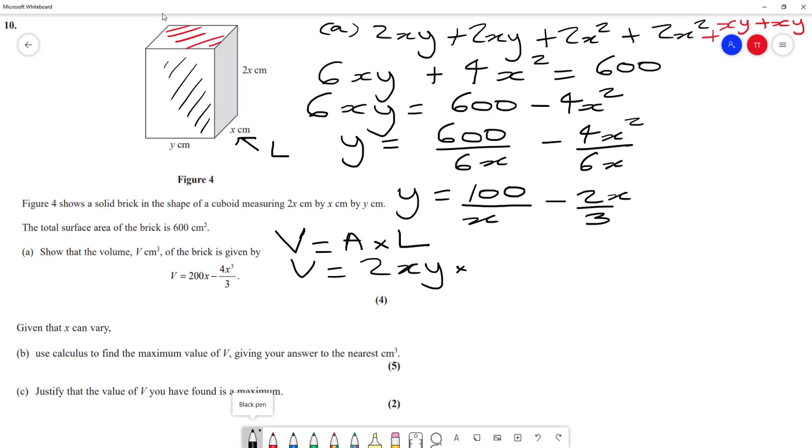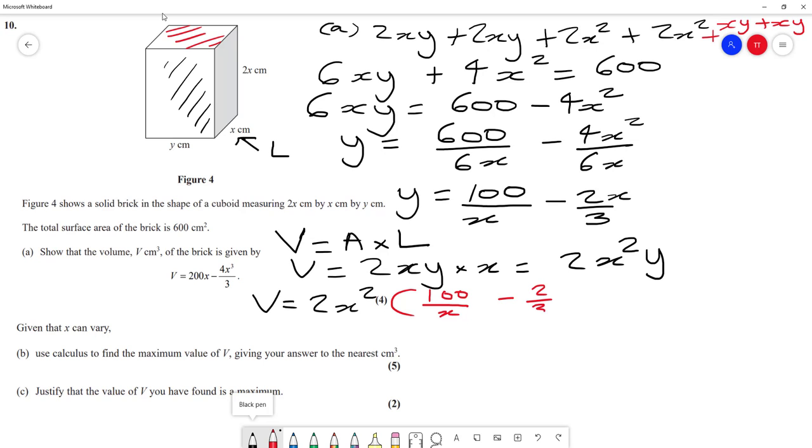So multiplied by x. So that gives me the volume is 2x squared y. Now I know what y is. Y is all of this. So I'm going to say 2x squared, and now I'm going to write y in red so you can see it, so it's 100 over x minus 2/3 x.